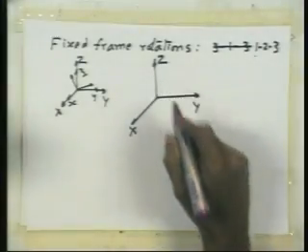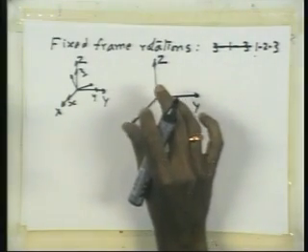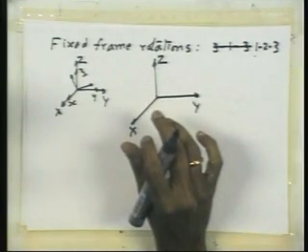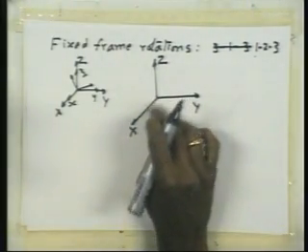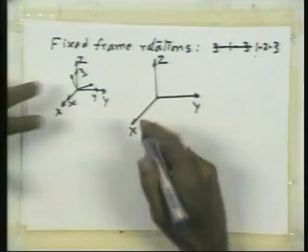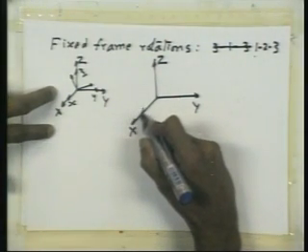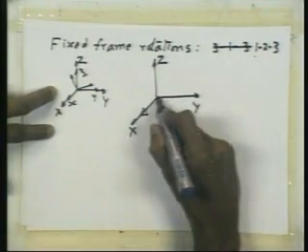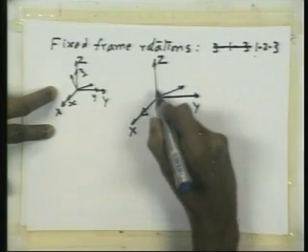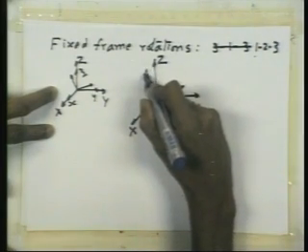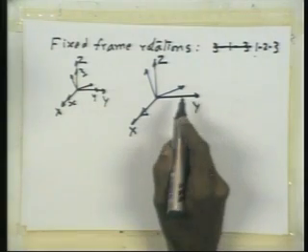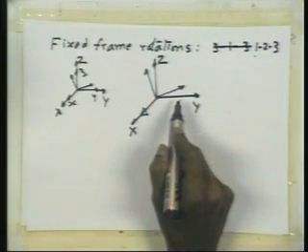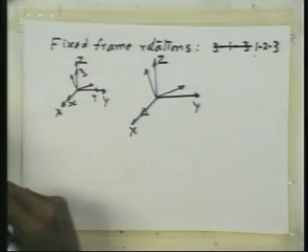So to start with, the local frame is coincident with this, but after rotation about the x axis, this would go to this position. So the blue, what you see in blue, fine.